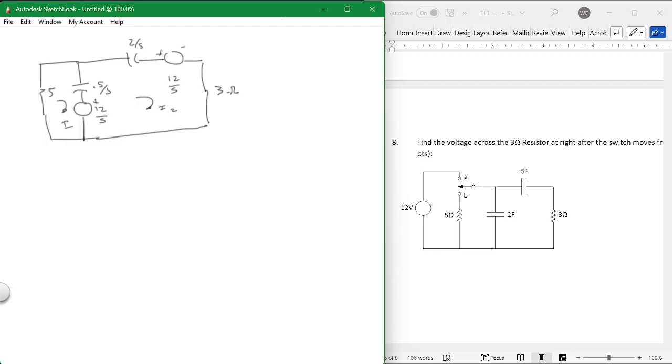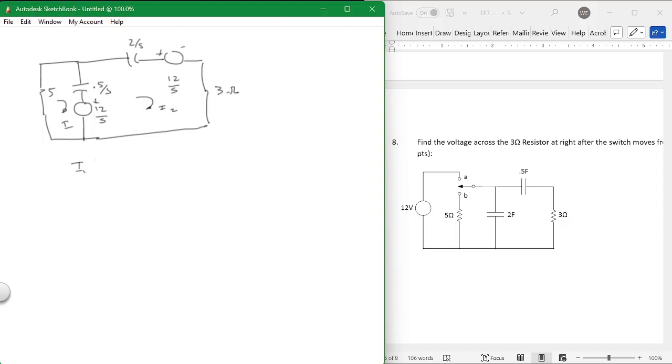What do you have to solve for? Solve for I2. I2 times 3 is the voltage across the 3 ohm resistor. That's it. So if you find I2, you're in. So basically what do you have to do? Well, it's 2 equations, 2 unknowns.